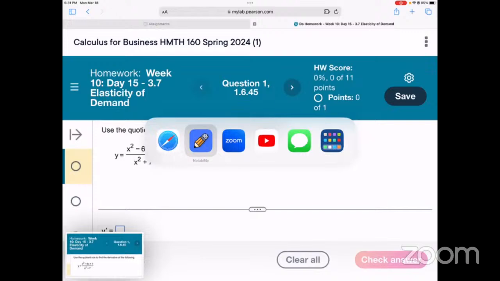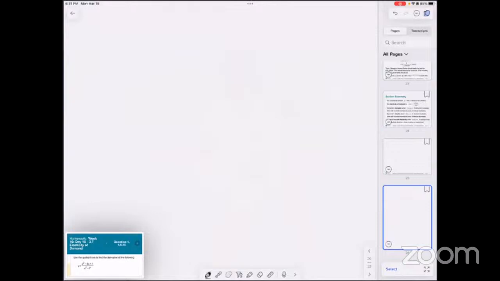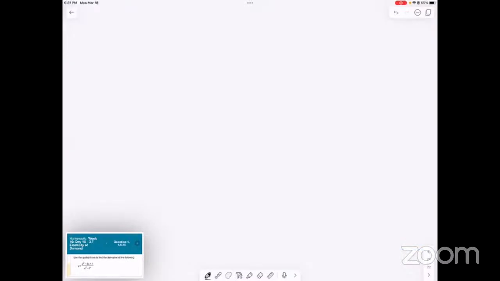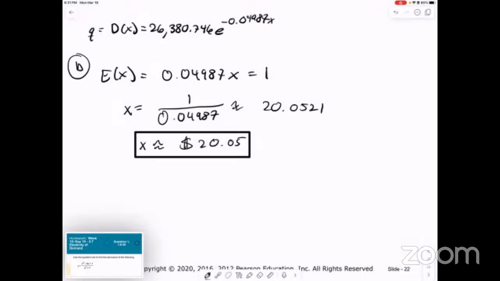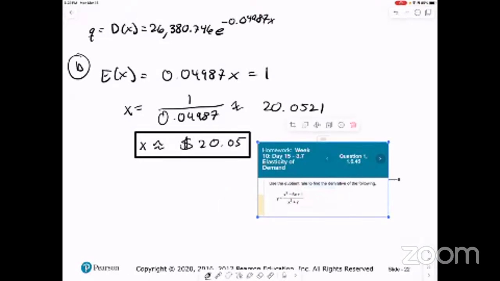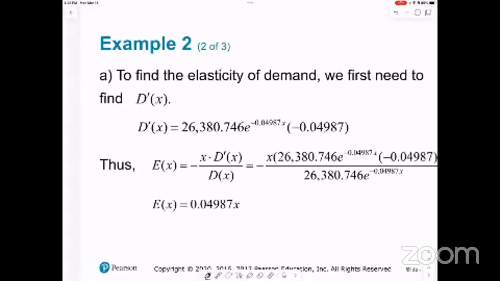Ugh. Nope. Let's try this again. There we go. Finally. Let's cut that, and let's change our view. All right. Where is the page break?